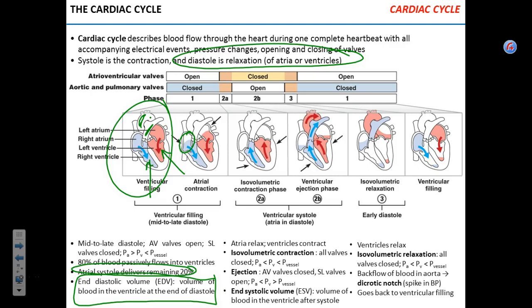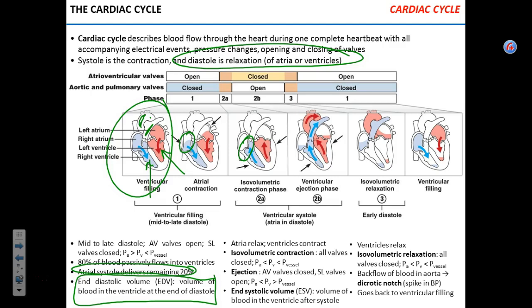What's going to happen to the valves? Which one? Mitral, you can say AV, okay, but mitral and tricuspid. But think about this. At this point, pressure in the ventricle is higher than in the atrium, but still lower than in the great vessel.